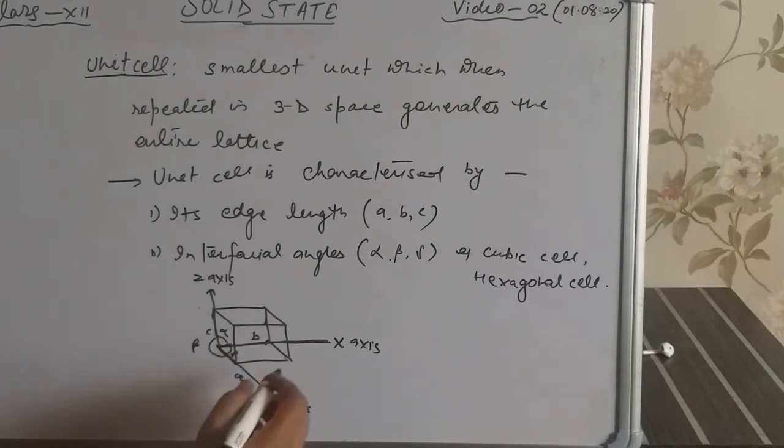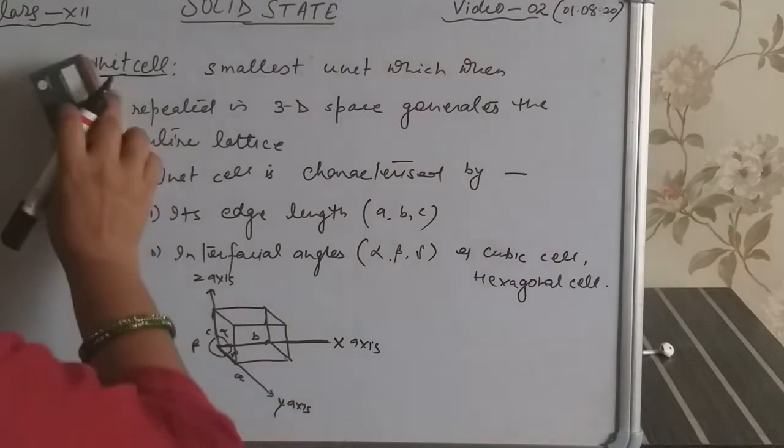So at first we discuss the total 7 types of crystal systems and 14 types of lattices generated. How? Let's see.